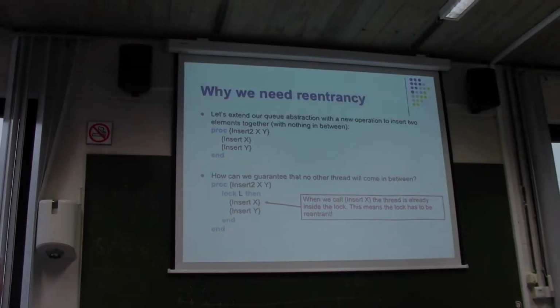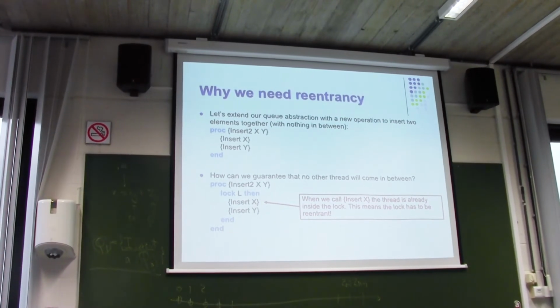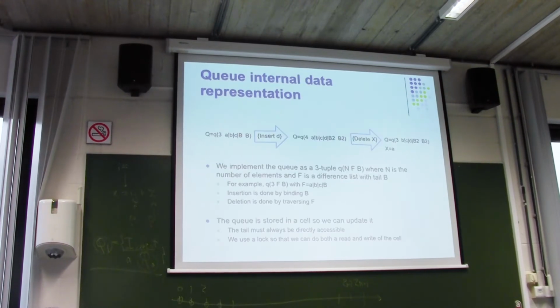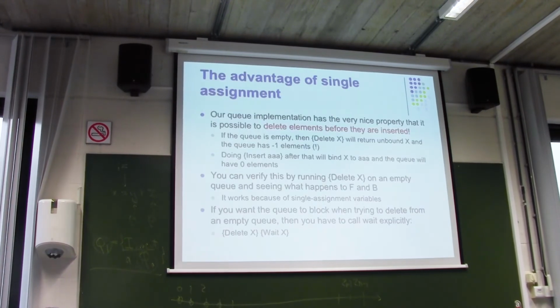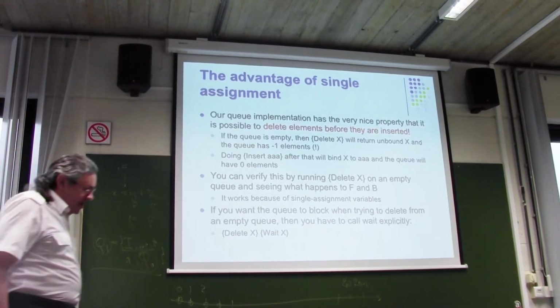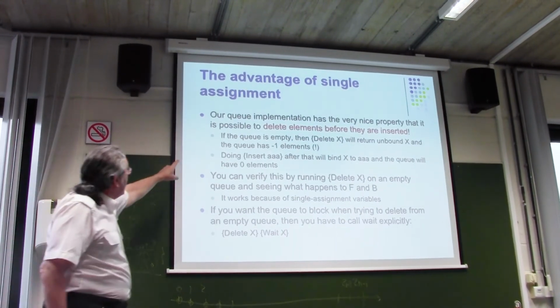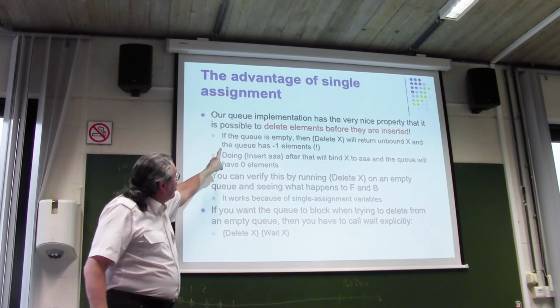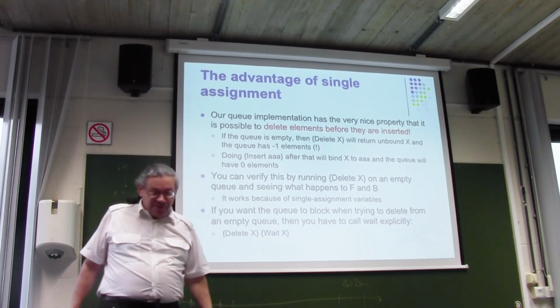Before I implement locks, I want to show you something interesting about the queues we did. This queue with difference lists is able to do something that is very, very nice. With the queue I showed you, you are able to delete elements before they are inserted.